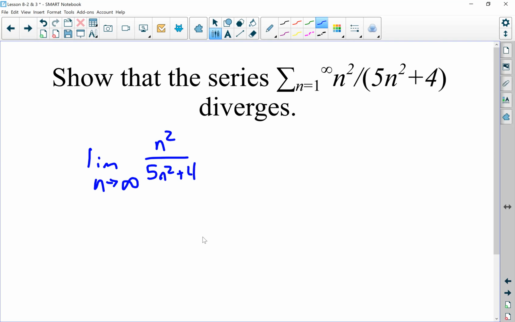And I get, if I think about plugging infinity in, which is kind of a misnomer because infinity isn't a value, I would get infinity over infinity. It's not helpful. Okay.